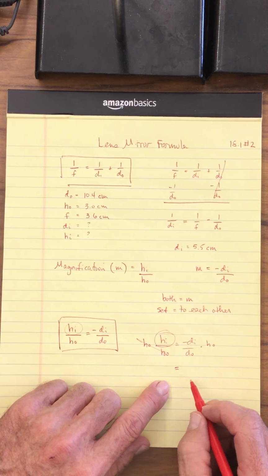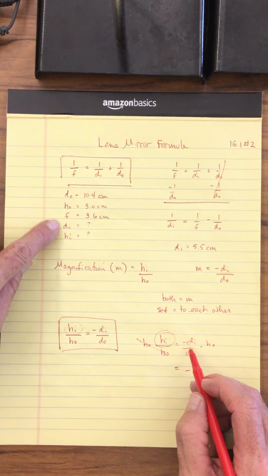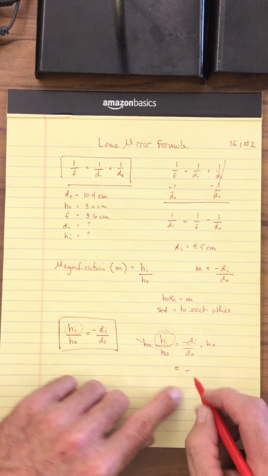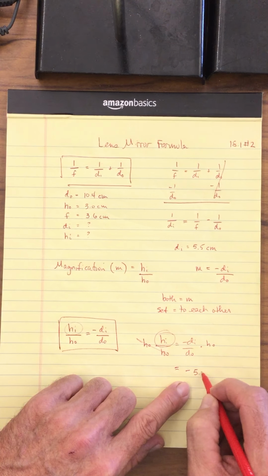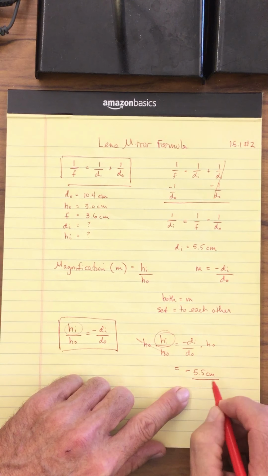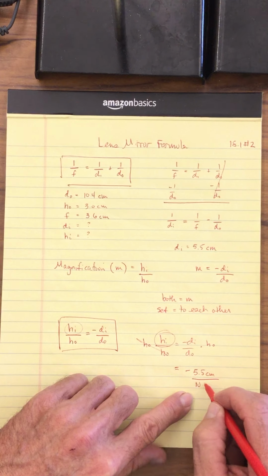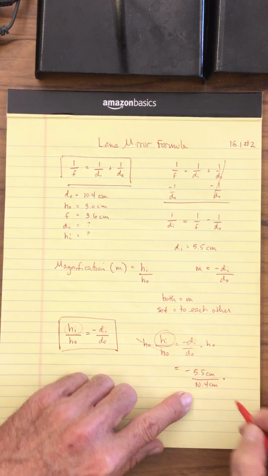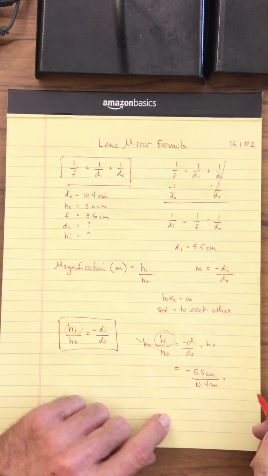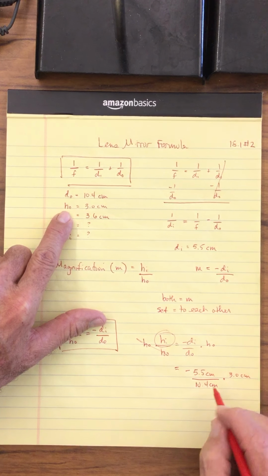If we multiply both sides by ho, we get this. The height of the image is going to be equal to negative. My distance of my image has been calculated at 5.5 divided by the distance of the object, which has been given to us, 10.4 centimeters, times the height of the object, which is given to us at 3.0 centimeters.